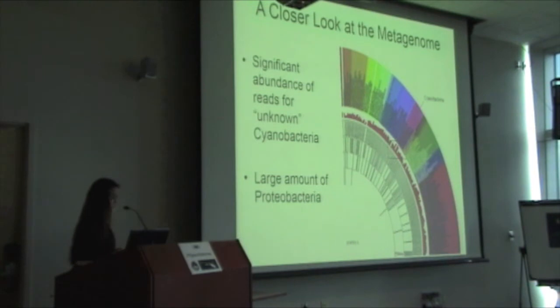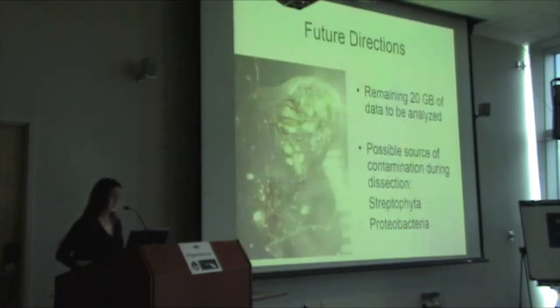A closer look again shows a significant abundance of reads for this cyanobacteria area. A bad thing, though, was this red area, which was proteobacteria. Proteobacteria is E. coli, Salmonella, Vibrio, those kinds of things. So that wasn't too good for our findings.